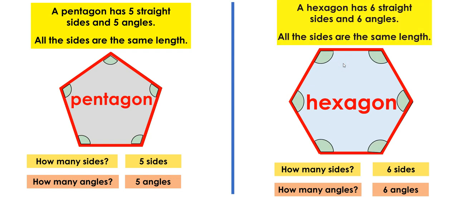A hexagon has 6 straight sides and 6 angles. All the sides are the same length. Okay, guys, so you have here 2 new shapes, the pentagon and the hexagon. The difference is the pentagon has 5 sides. Hexagon has 6 sides. All of their sides are the same length.